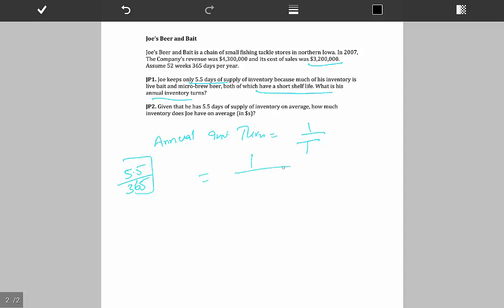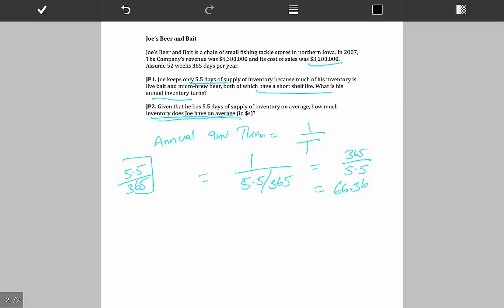Then annual inventory turn is 1 divided by 5.5 divided by 365. You can convert into decimal if you want. I'm going to leave it that way. 365 divided by 5.5 comes out to be 66.36.